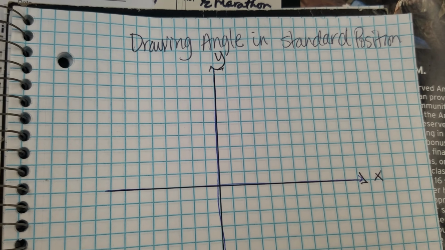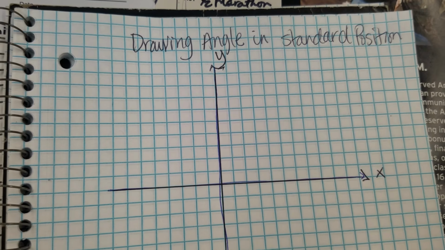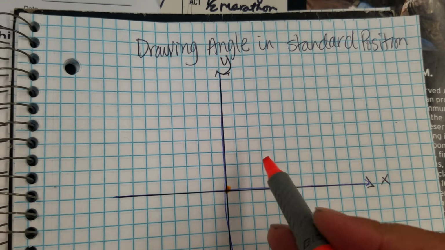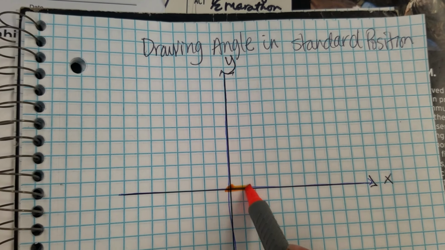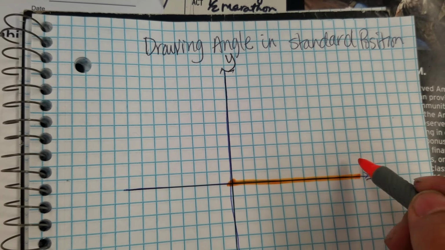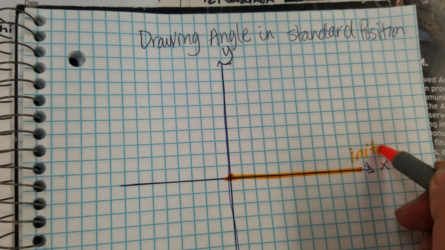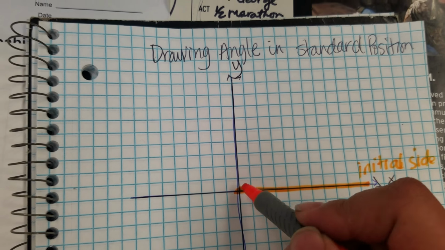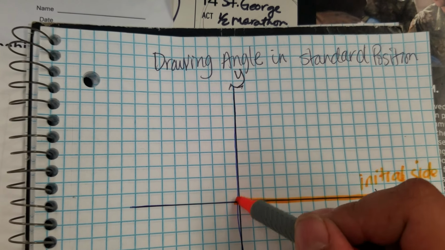So just really quickly, drawing an angle in standard position means you start here at the origin, and this is your initial side. And then here would be in quadrant 1.